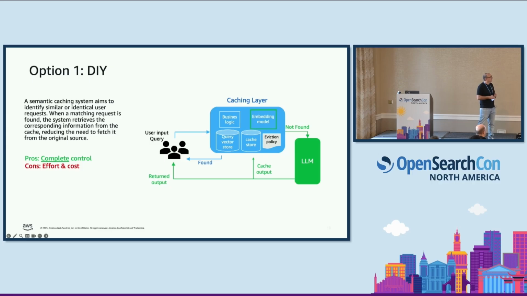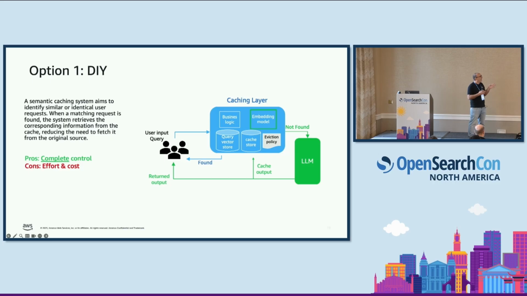Then there is the query vector store. This is where we're going to check for similarities. Obviously, the embedding model, where we're going to embed the request and check that against the query vector store, and a cache store, which is going to actually retrieve the results, and the eviction policy. How do we keep the data in our cache store fresh?